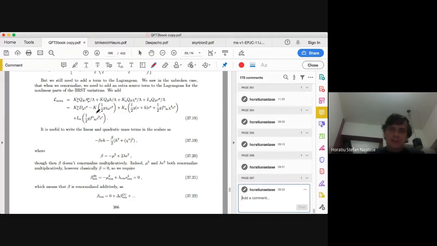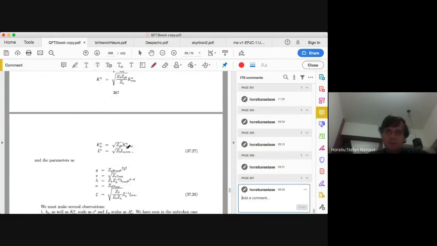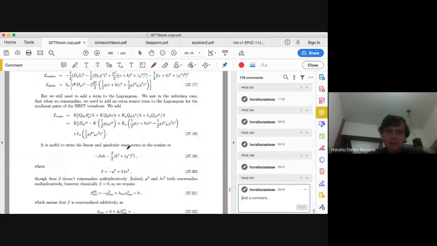So let's be more precise. K mu A, for instance, has the first term here, d mu C A. So this means that you compare this with the other term in the action, which is B A del mu C A, del mu squared C A, and you see that K mu A should renormalize as B A. So K mu A then renormalizes with square root Z ghost. Then let's see what is next.